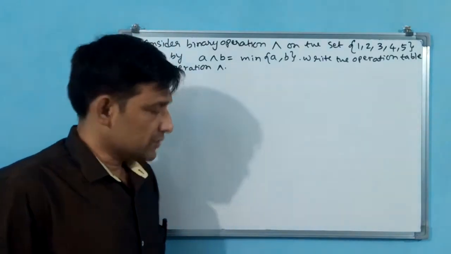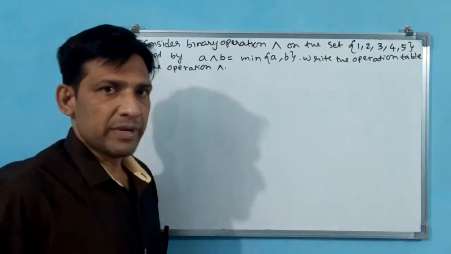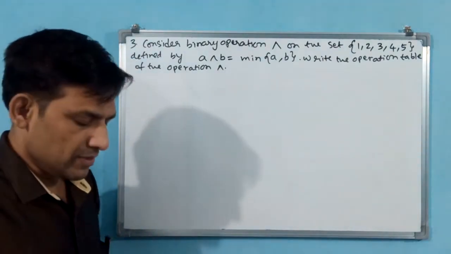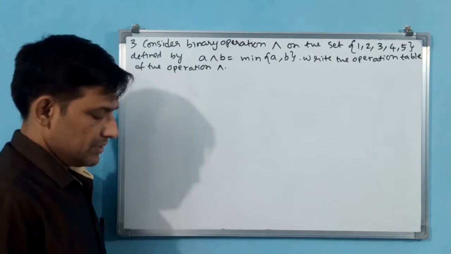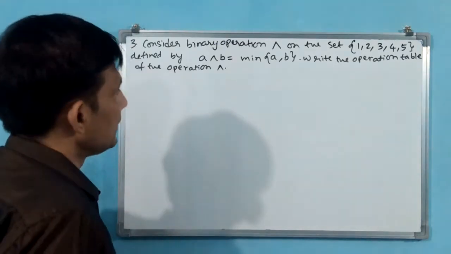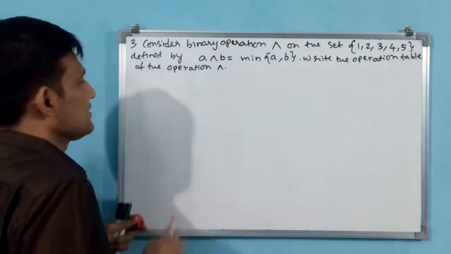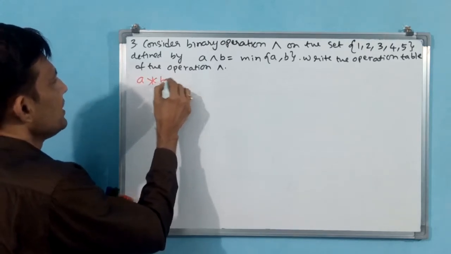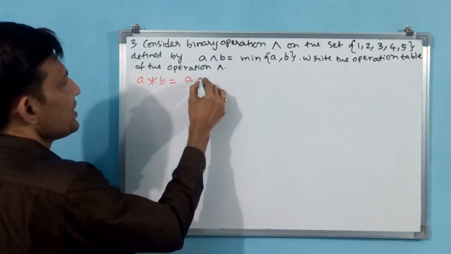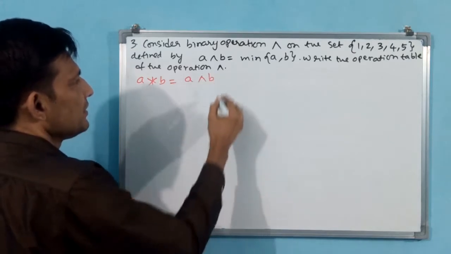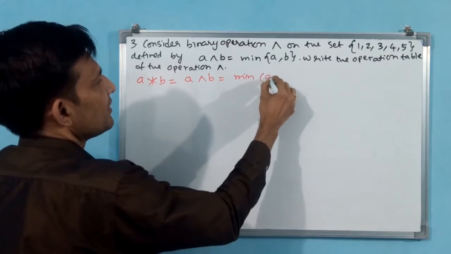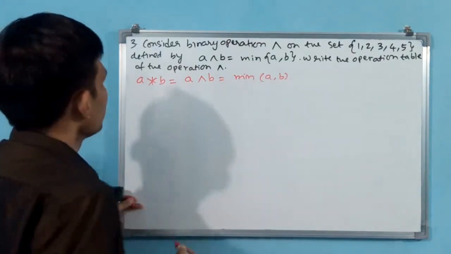First you write the binary operation, then we try to write the operation table. Let us write the operation first. A star B is equal to A min B, that is equal to min(A, B).